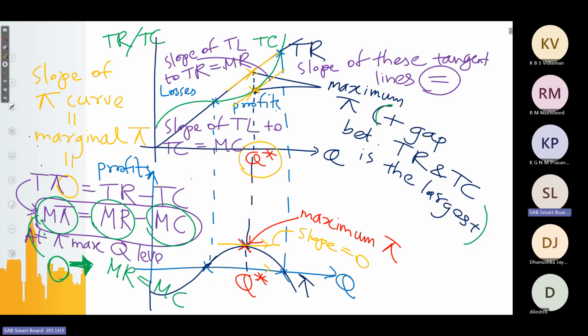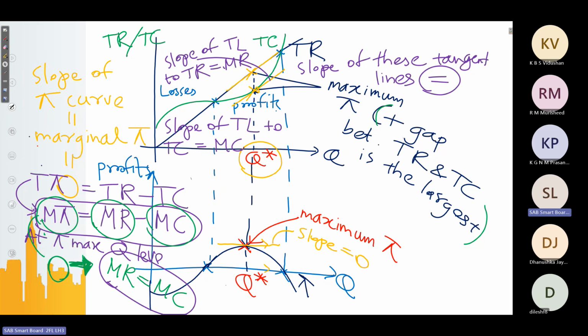So we can show that the marginal revenue equals marginal cost condition for profit maximization is there in this diagram as well. The slope of the tangent line to total revenue is marginal revenue. The slope of the tangent line to the total cost curve is marginal cost.